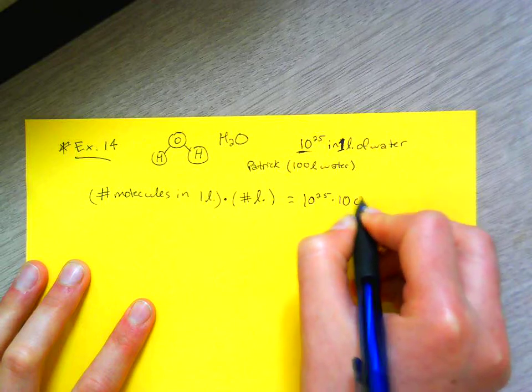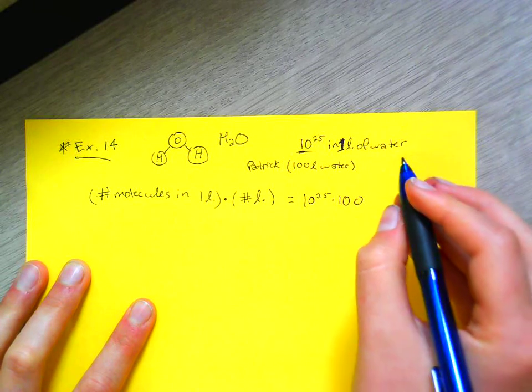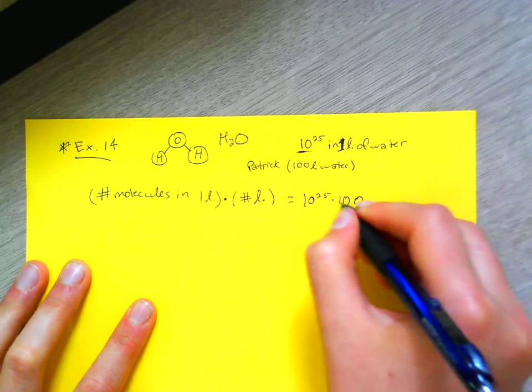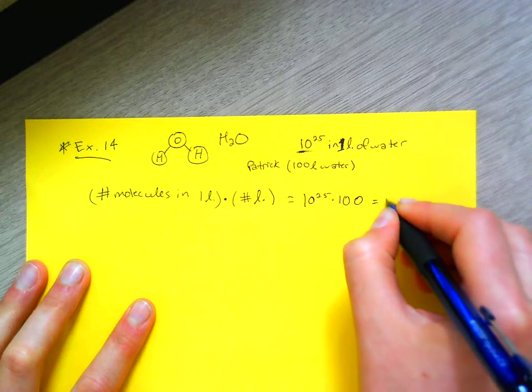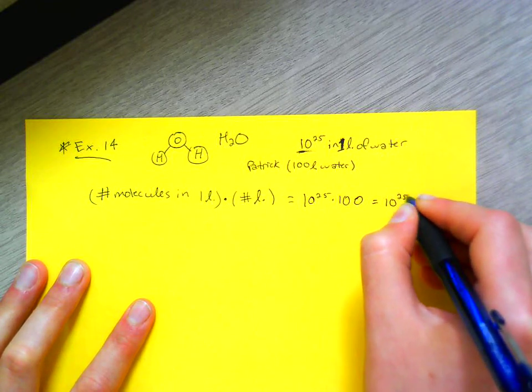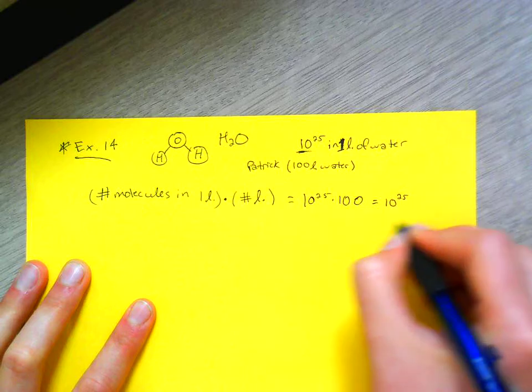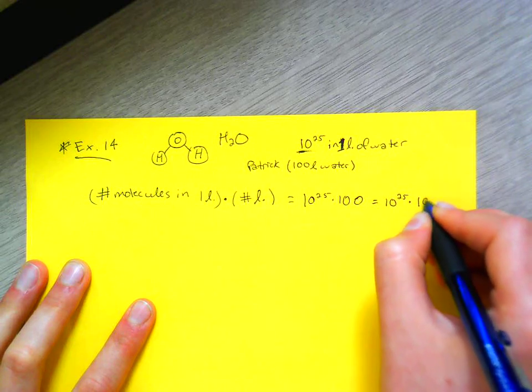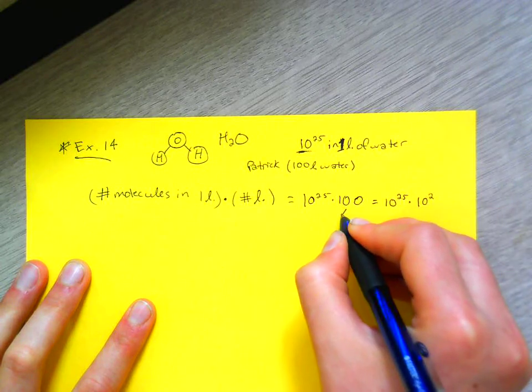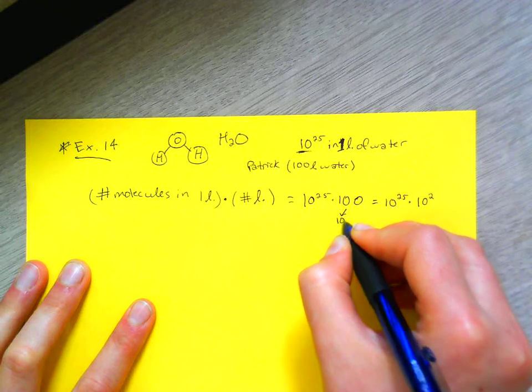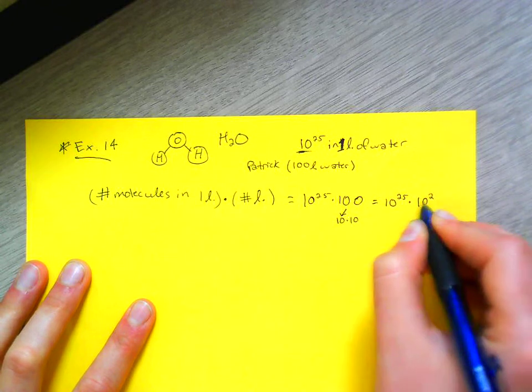We are going to substitute values. We're going to keep this 10^25, but 100 itself is 10 to the power of 2, because you could also say it's 10 times 10. The base number is 10, multiplied by itself twice, the power is 2.